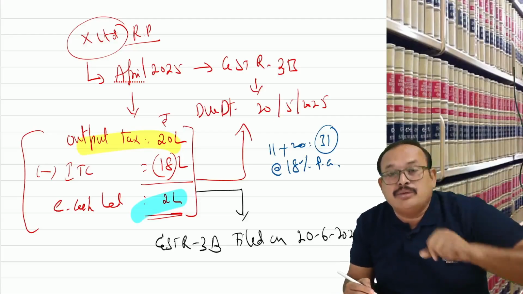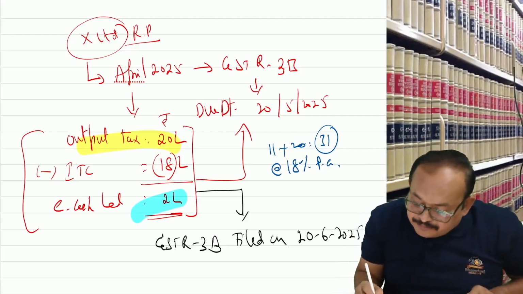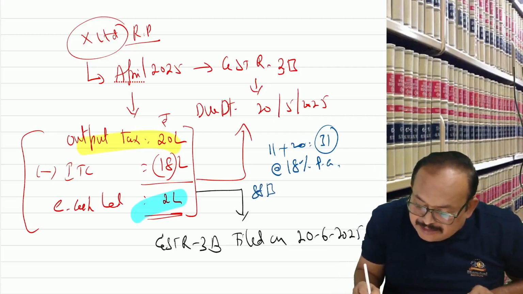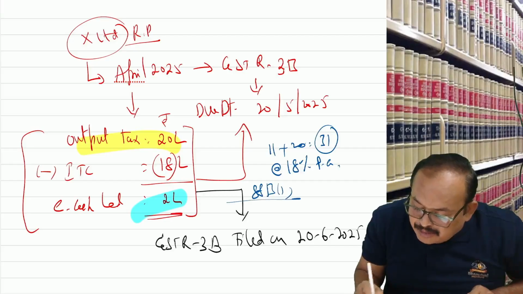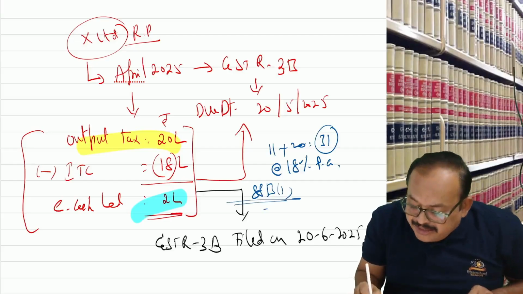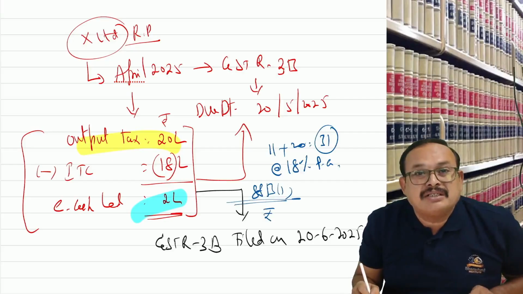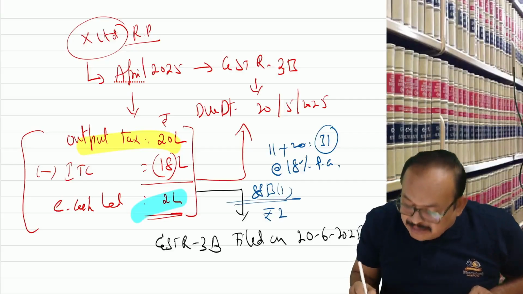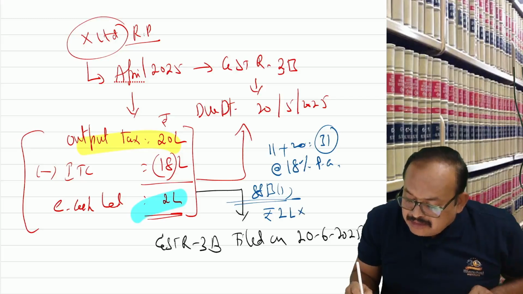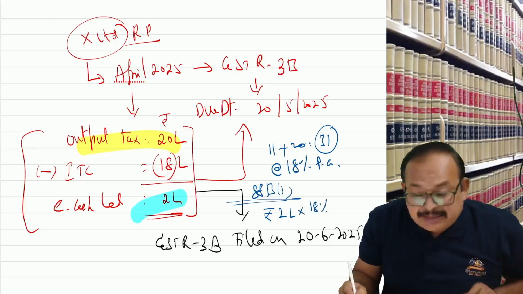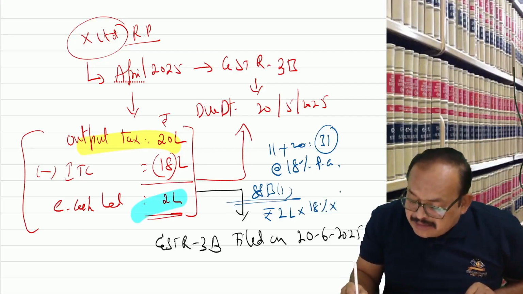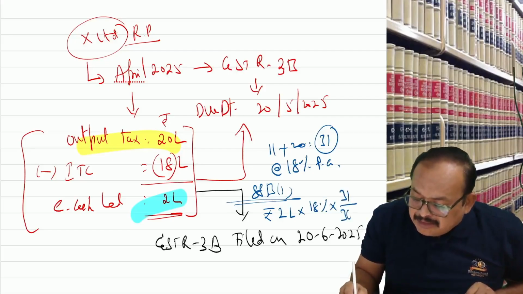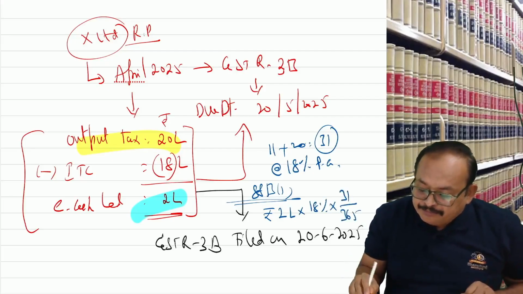On what value? Rule 88B(1) says net cash payable through electronic cash ledger. How much? 2 lakhs. On 2 lakhs, 18% interest multiplied by 31 divided by 365 days.